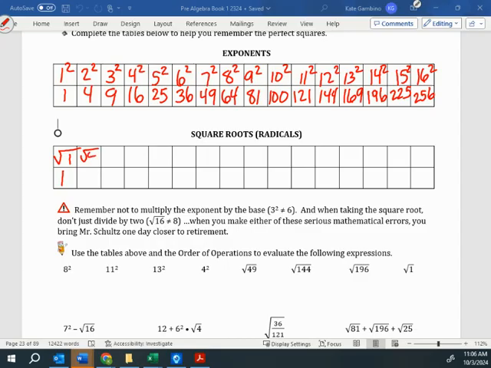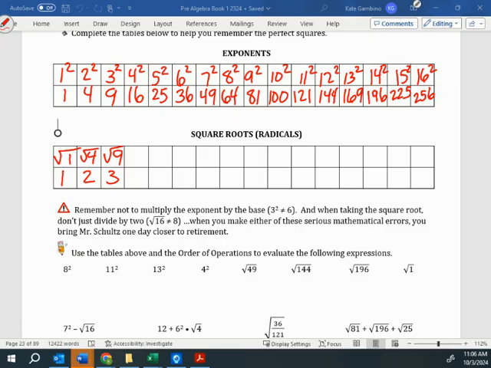So my square root of 4. What times itself equals 4, Amala? 2. Square root of 9. Luke? 3. Notice this pattern. If we look straight above, 3 squared is 9. The square root of 9 is 3.